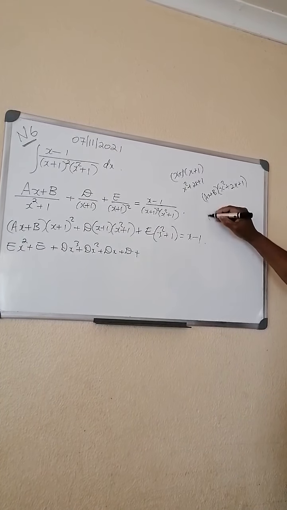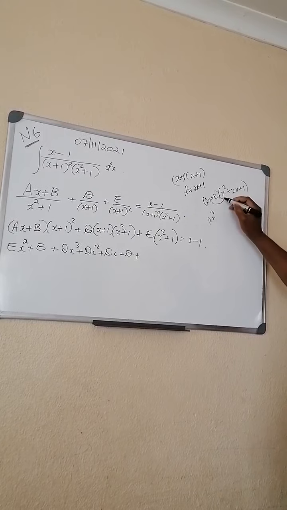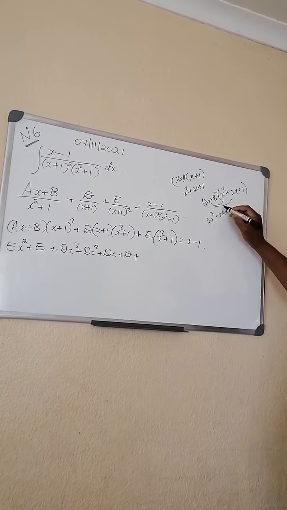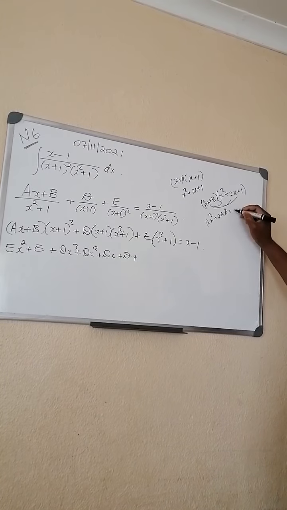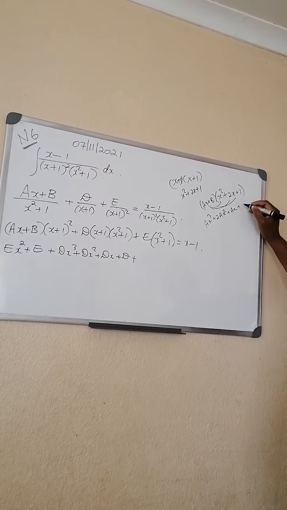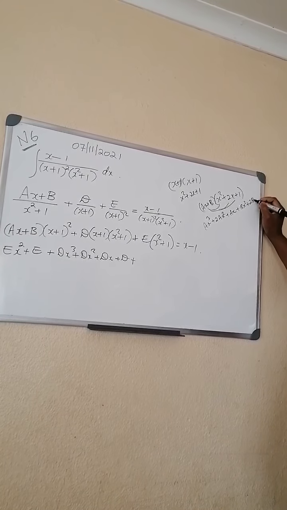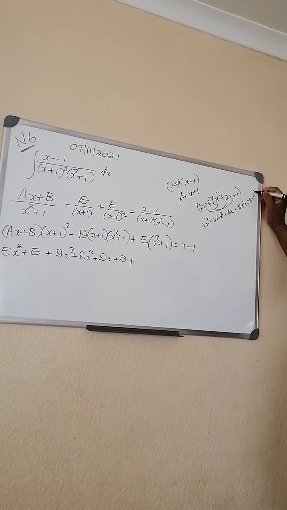Now I have ax cubed, then plus 2ax squared, then plus ax plus bx squared plus 2bx plus b.